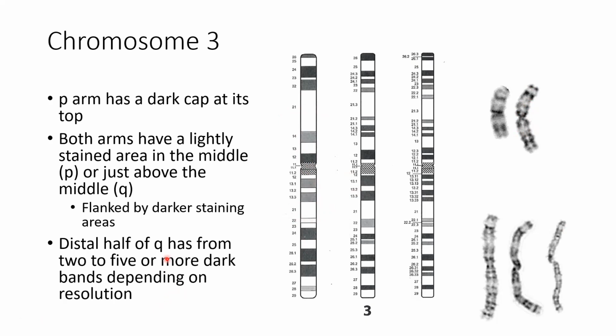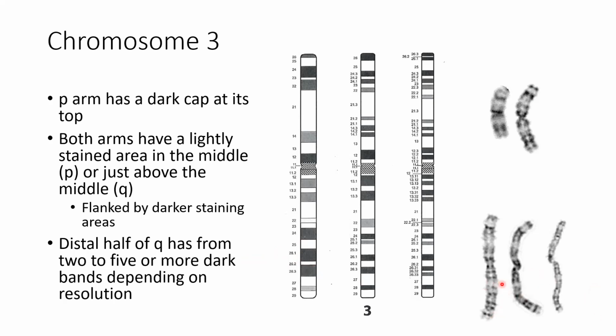And the distal half of the Q arm has anywhere from 2 to 5 or more dark bands, depending on the resolution. I know this 400 band ideogram is showing 3 dark bands in here. If we get some of those really, really short oncology chromosomes, you may just see a couple. These actually are confused into each other.